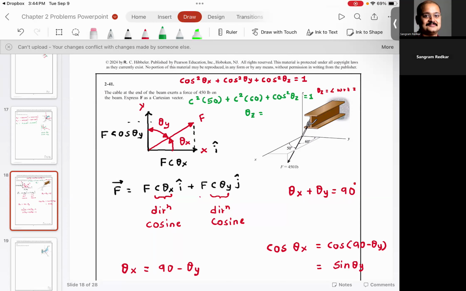Are you with me? 50 degrees is given to you. You can find the cosine of 50 squared and the cosine of 60 squared, then subtract the sum from 1, take the square root, and find the inverse cosine; that should give you theta z. Everyone understood this? Any answers?